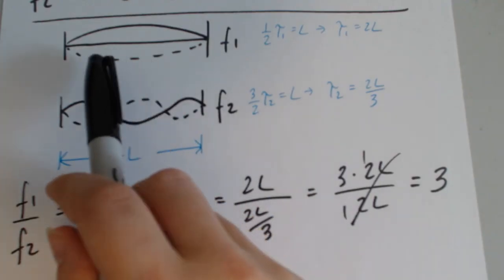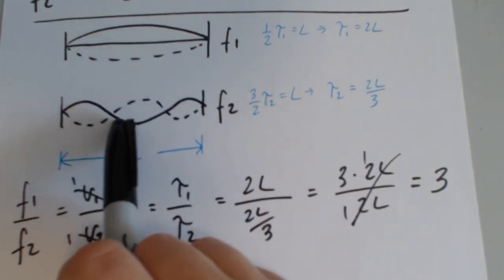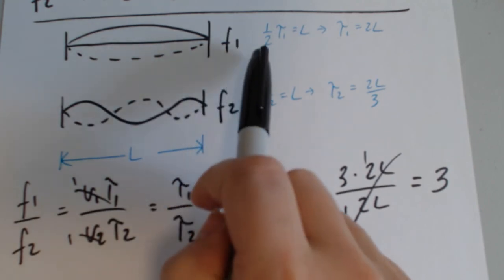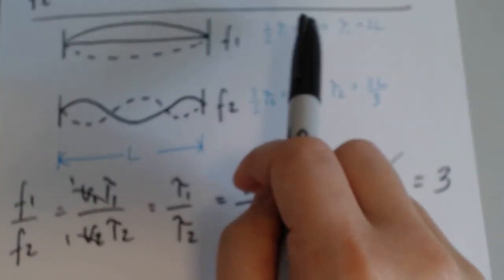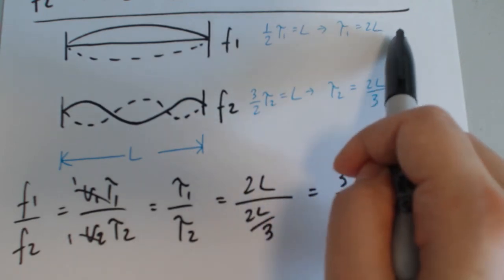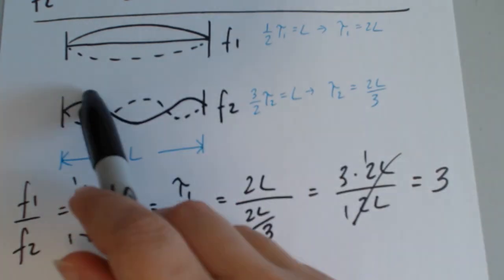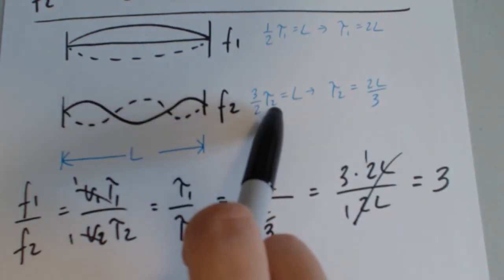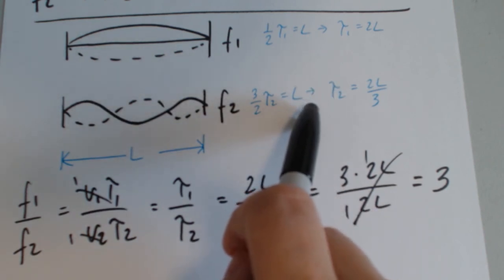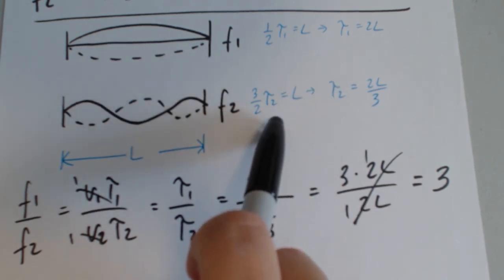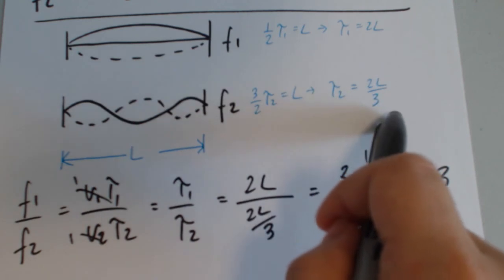Going back here, okay, so we have half, and you've got 1.5 here. So this is half a wavelength equal to L, so this is 2L, yep. And here I have 1.5 wavelengths, or 3 over 2 lambda is equal to L. So if we rearrange that, yeah, lambda 2 is 2L over 3.